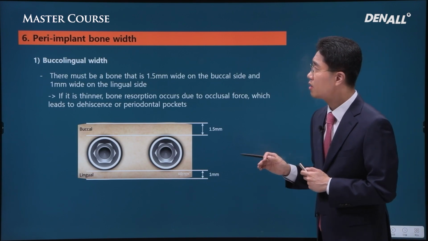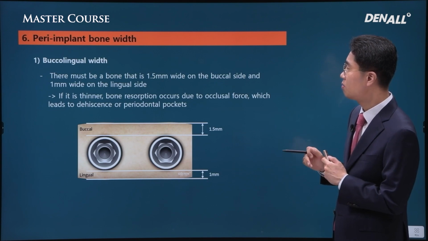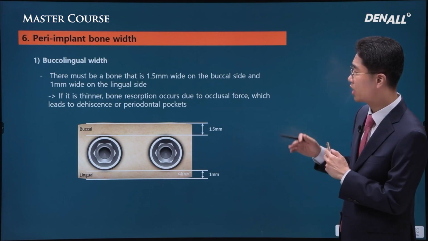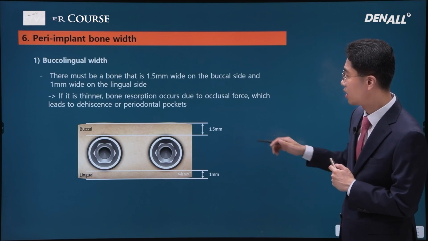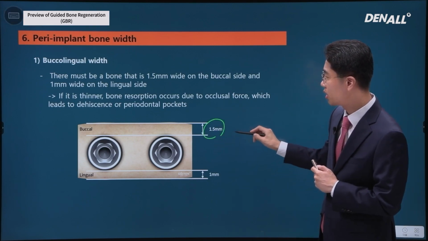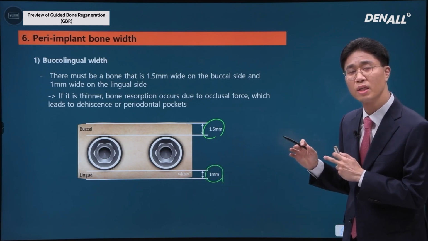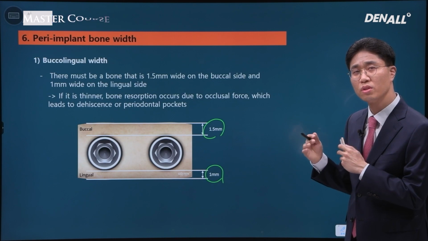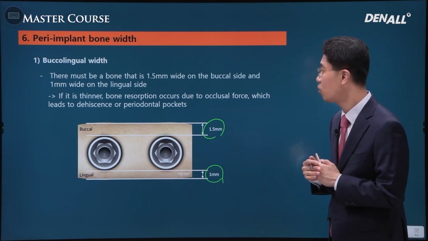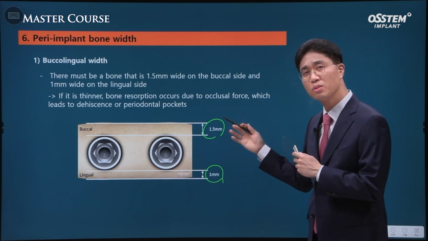Let's look at the thickness of the surrounding bone. Yes, of course, if there's more bone around the implant, that'll be optimal, but at least on the buccal side, there needs to be 1.5 millimeter, and on the lingual side, there needs to be 1 millimeter of bone. In that way, we'd be able to place the implant and proceed with surgery more easily.